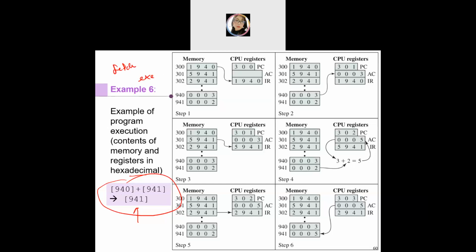Here you have the value at address 940. You need to add the value in 941, and you're going to store the answer in 941. So this is the fetch instruction that is given.